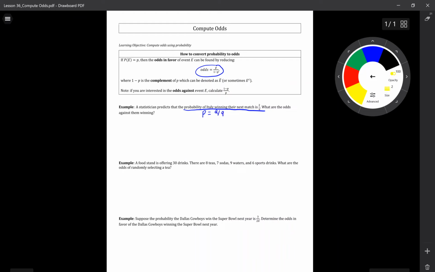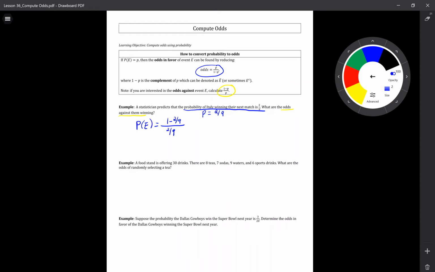And I want the odds against them winning, so I need to use 1 minus P divided by P. So our odds here are equal to 1 minus 2 ninths divided by 2 ninths. That's 1 minus our probability divided by the probability.